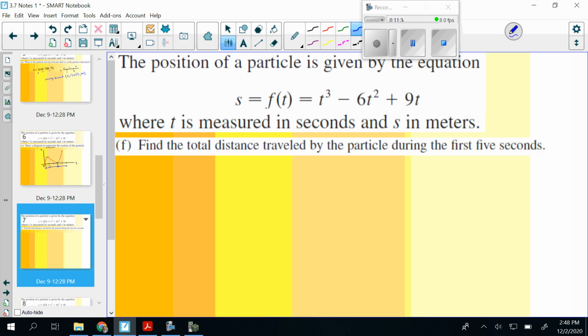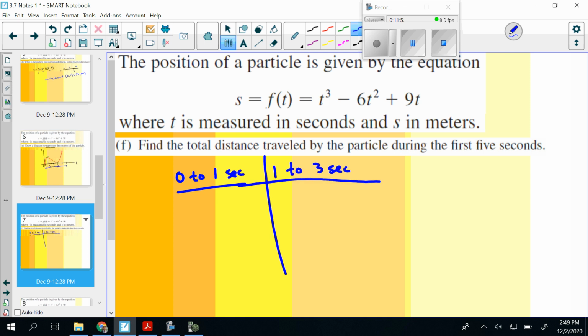So what we want to do here is find out how far has it traveled from 0 to 1 seconds. We also want to find out how far has it traveled from 1 to 3 seconds, and then also from 3 to 5 seconds. And in order to do these, we want to subtract.